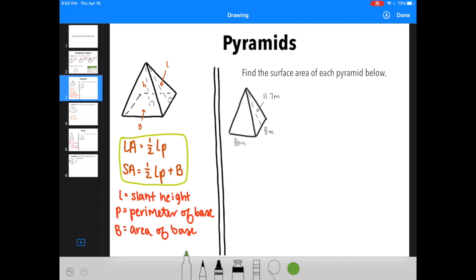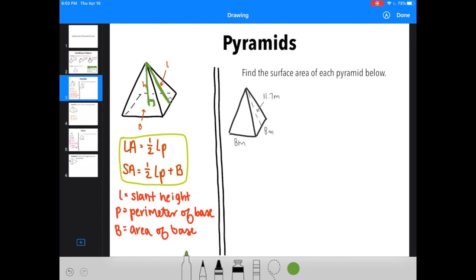In pyramids and cones, you're going to be given this variable, L. It's not length here. It's known as slant height. So slant height, or your L, is going to be this component right here within your pyramid. Because you have your normal height that meets from the point down to your base, that slant height is going to be that cattywampus.